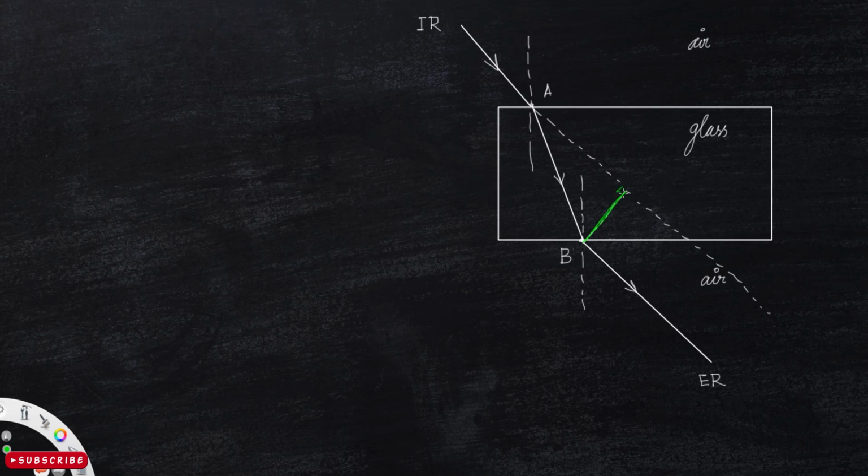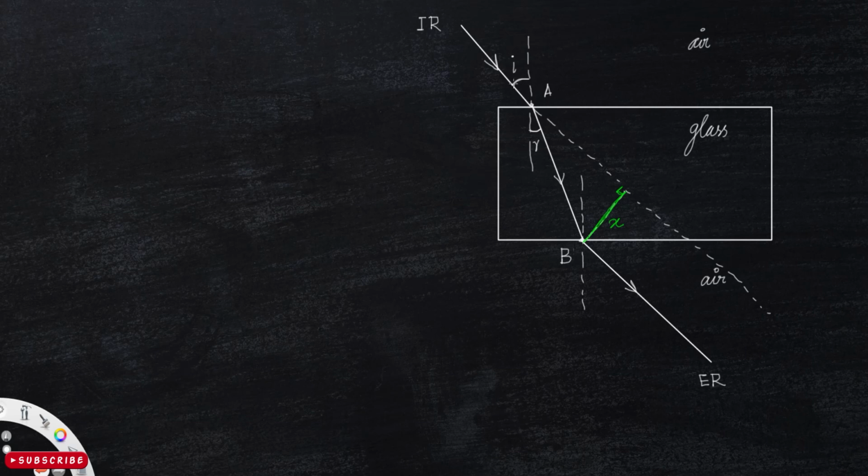Okay, this angle will be 90. We can call that x. Now we need to find an expression for x. For that, let me consider this angle as the angle of incidence, the angle between the incident ray and the normal. The angle between the refracted ray and the normal will be the angle of refraction.